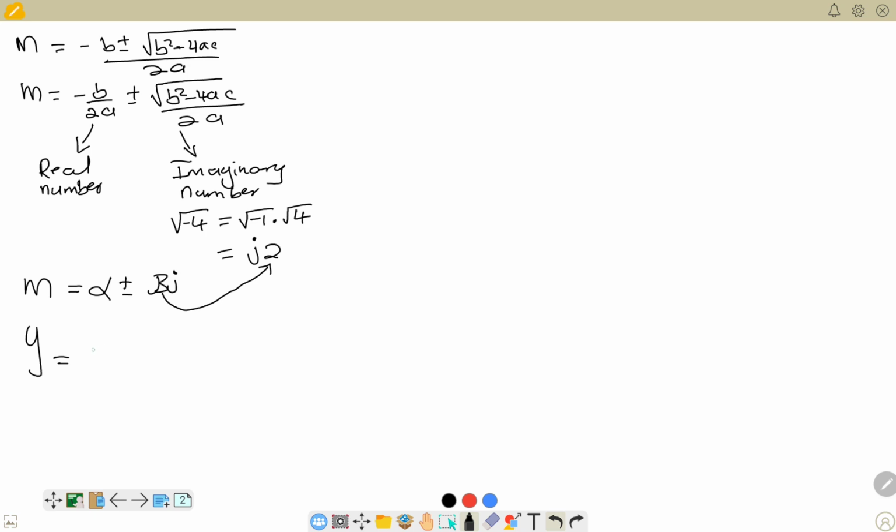When you solve for the general solution, you have e to the power alpha x, then a cos beta x plus b, this is b, it's not beta, then we'll have sine beta x. Then we close the bracket. So you're going to use this formula in the case when you are working with complex roots.